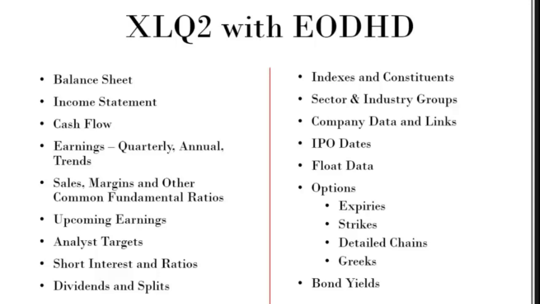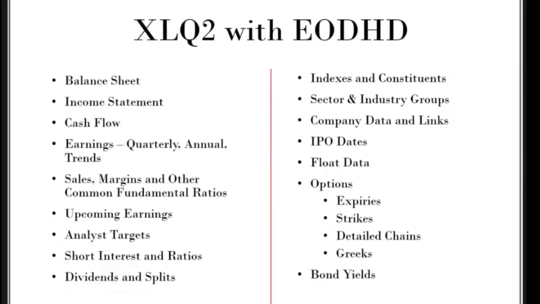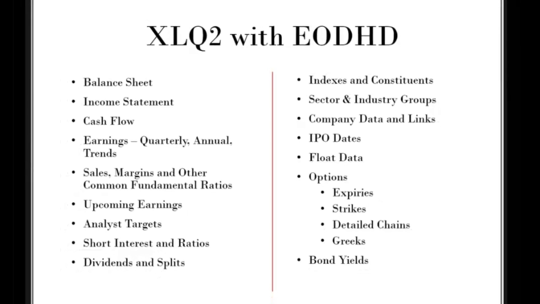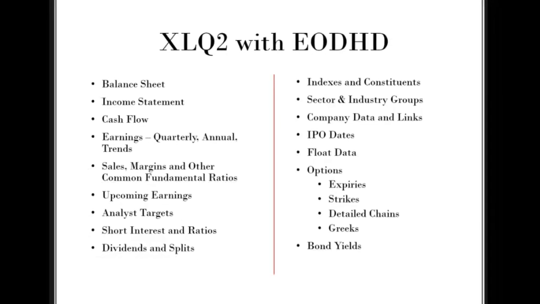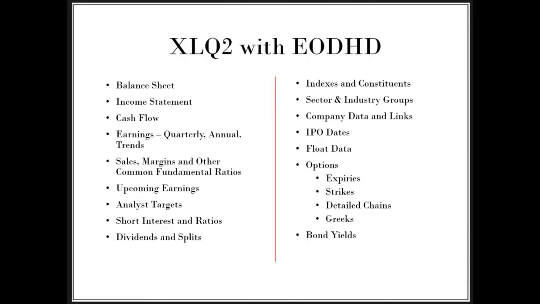They've got all kinds of company information and data, links to their websites, where they work out of, things like that. They've also got information on the IPO date, float information, options information including strikes, detailed chains, Greeks, and it has bond yield information. So the scope and depth of the information and data that's available is vast and extensive.